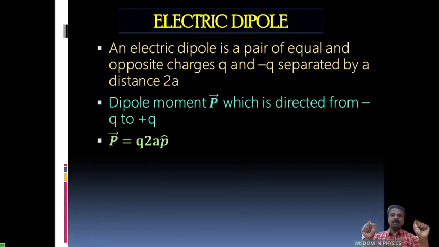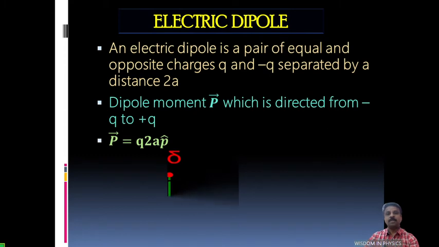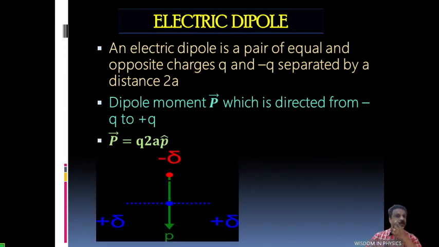For any one of the charges in the dipole, positive or negative, you don't bother about the sign, you take the magnitude q multiplied by the distance between the charges and you put the unit vector, that will give you the dipole moment vector, which, as far as the dipole is concerned, is always directed from minus q to plus q. You take this one.